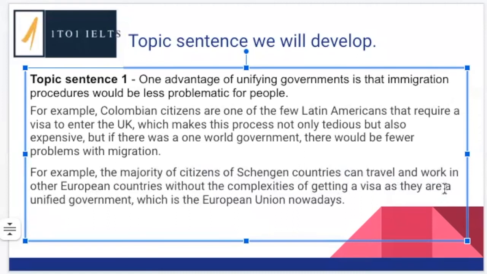Is it one government? What is the European Union? If I said to you, what is the European Union, is it a unified government? We could have a union of countries, or we could call them a trading bloc. So maybe rather than a unified government, maybe a unified trading bloc.